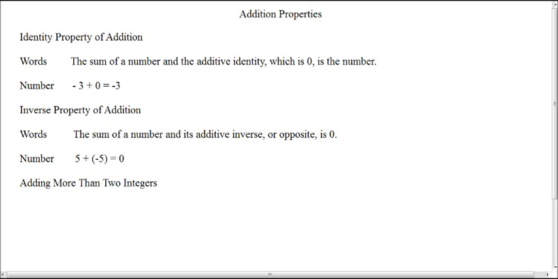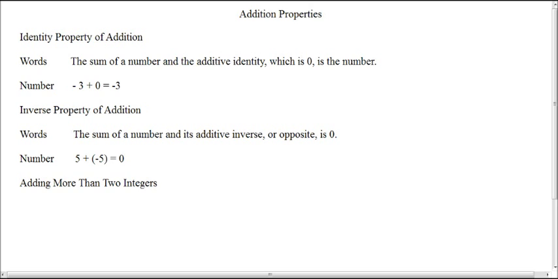So the additive identity is always 0. When you add it to a number, it's always going to give you that number. With the inverse property of addition, if you add the additive inverse, or opposite, of a number, you're always going to get 0.